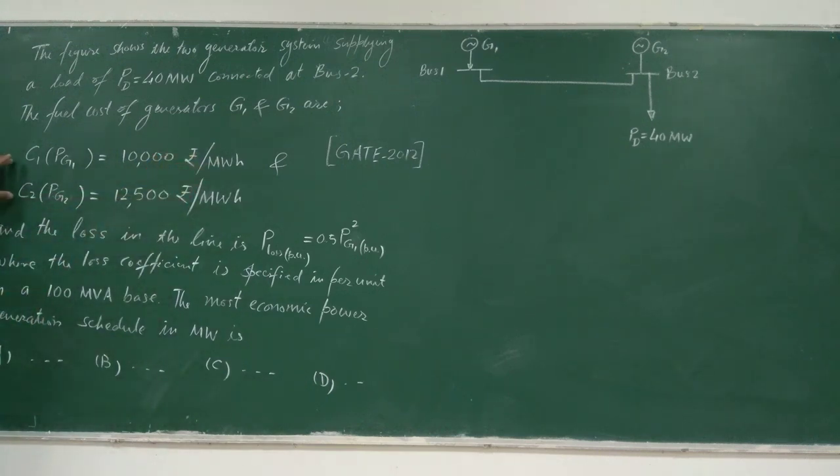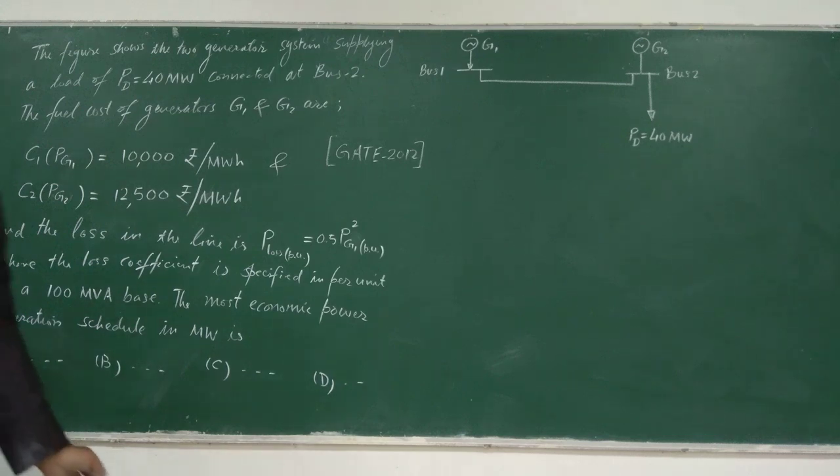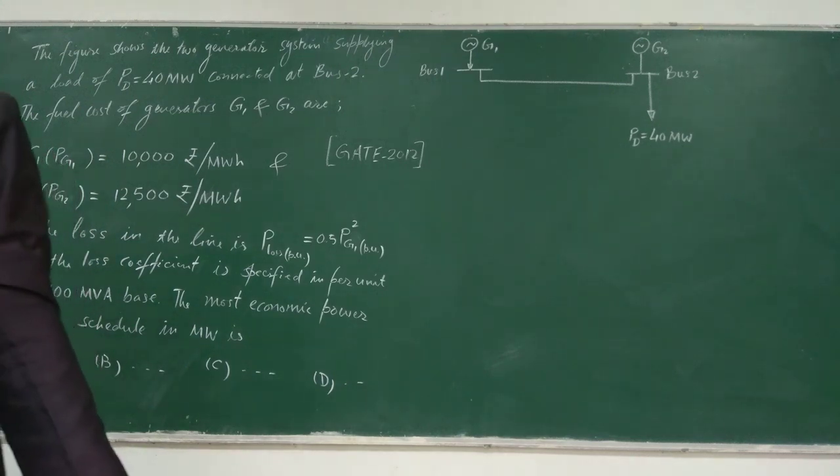So these are incremental fuel costs, independent of the active power generation constants. You should be surprised to see that operating cost is not constant for any unit; it depends on active power generation. So second guess, you can see that this is a constant value. That may be constant for incremental fuel cost.